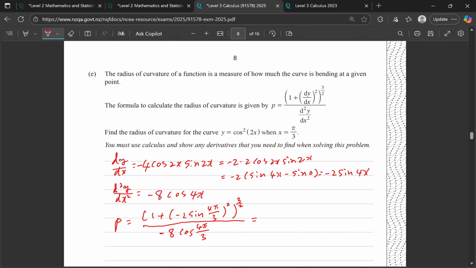When you calculate this, you will find the numerator becomes 8, and the denominator becomes minus 8 times cosine 4 pi over 3, which becomes minus half. So that is 8 over 4, which is 2.